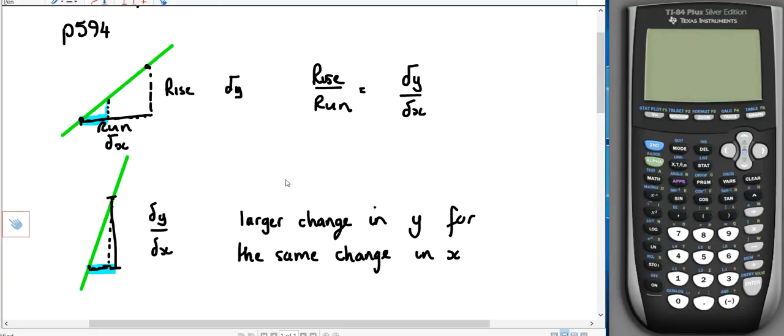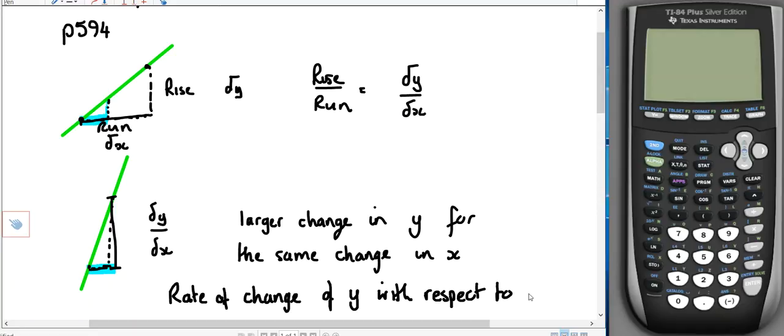Now what this is called is the rate of change of y with respect to x. A rate is how quickly.